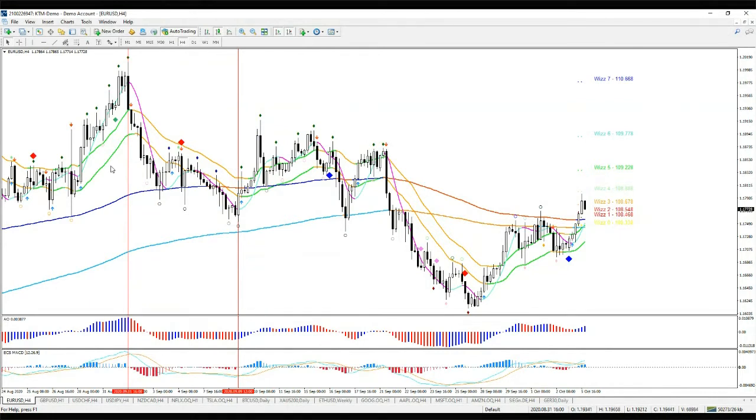So we can do that by, first of all, looking at impulse and correction. Impulse and correction is fast and slow price movement. So this is all fast price movement to the downside between the red lines.